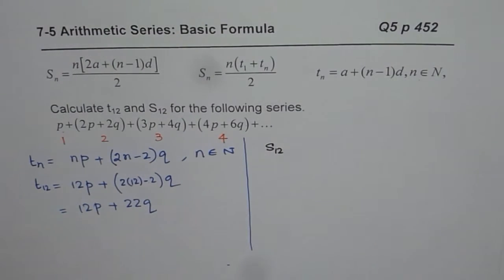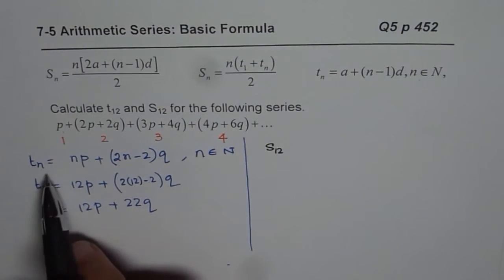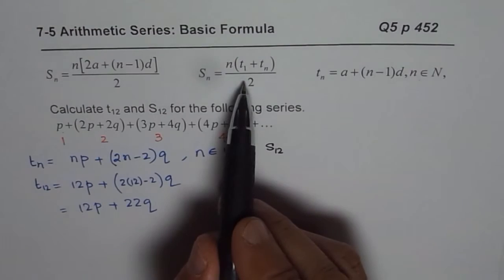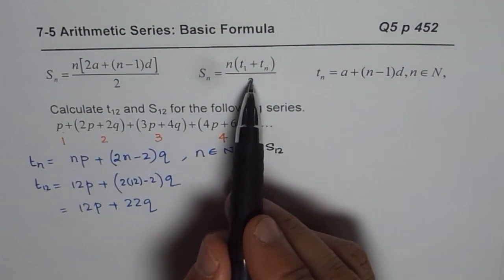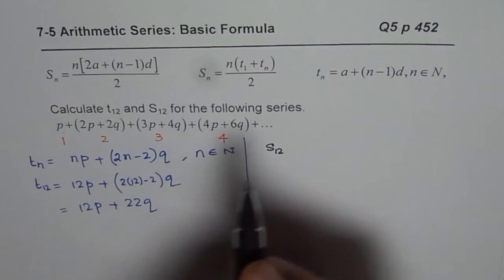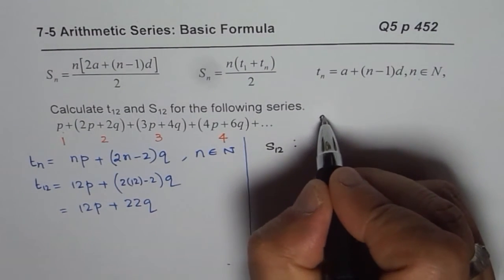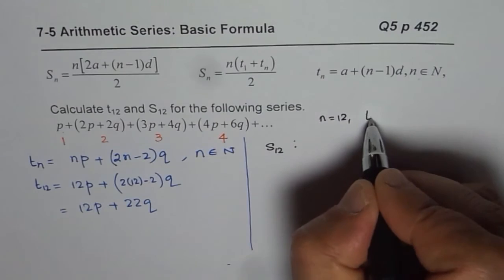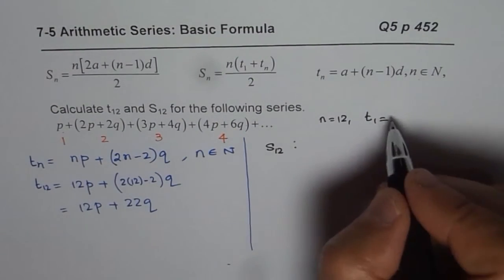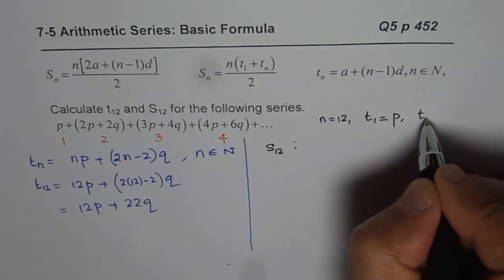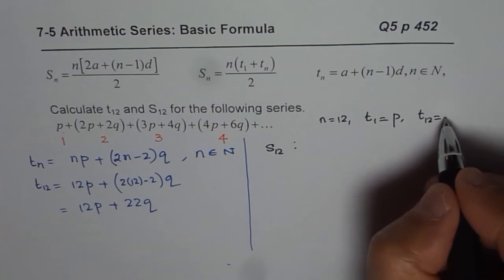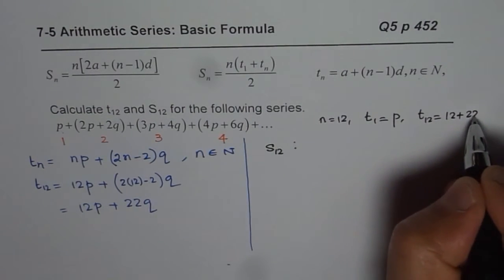Now you have an option. When you know the first and the last term, this formula is the best formula to use, right? Number of terms is known. Here in this case, what is known to us? We know n is equal to 12. We know the first term t1, which is just p, and we also know t12, which is 12p plus 22q.